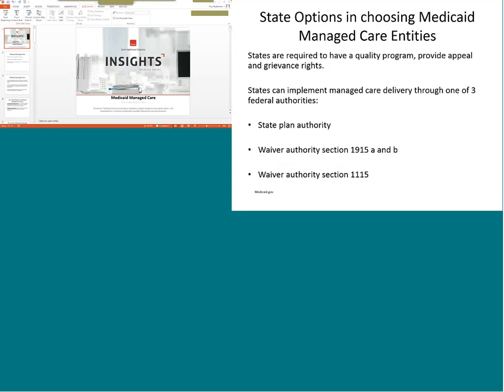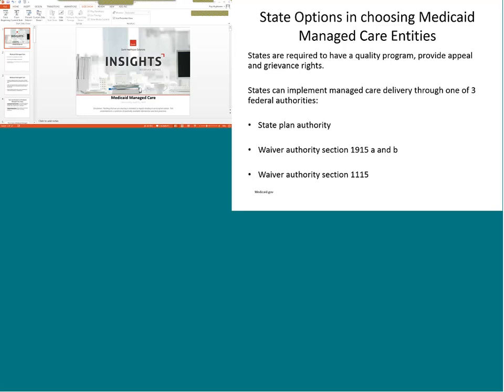The governing authority that I just spoke of earlier, there are three types. There's a state plan authority, a waiver authority under Section 1915(a) and 1915(b), and then the third is a waiver authority, Section 1115.